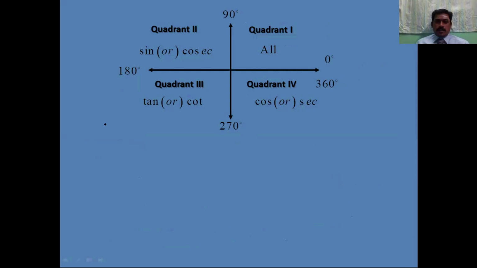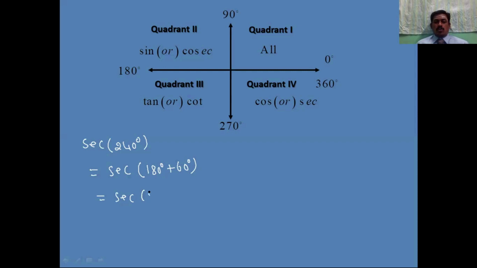Suppose I consider secant of 240, how can we write this? Secant of 240 we can write as 180 plus 60 degrees. This 180 can be written as 2 into 90 degrees plus 60 degrees.